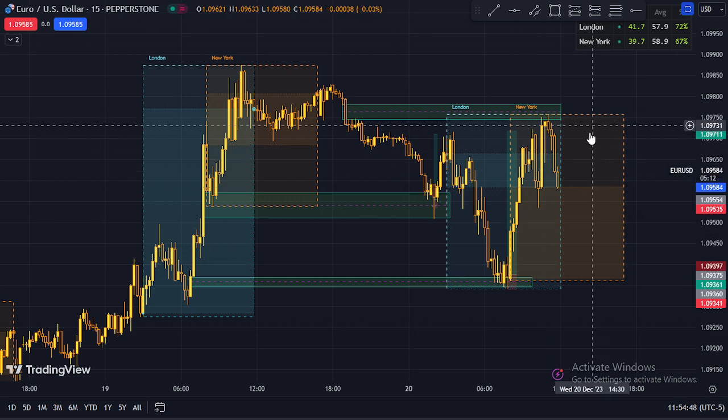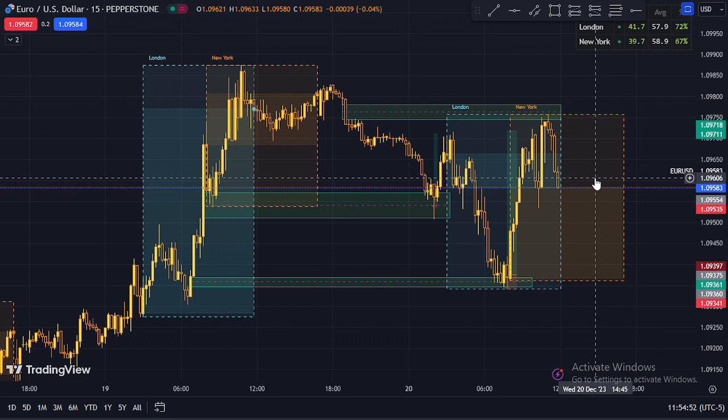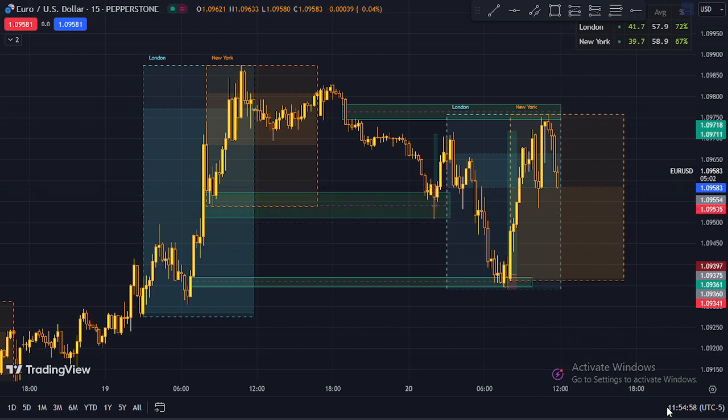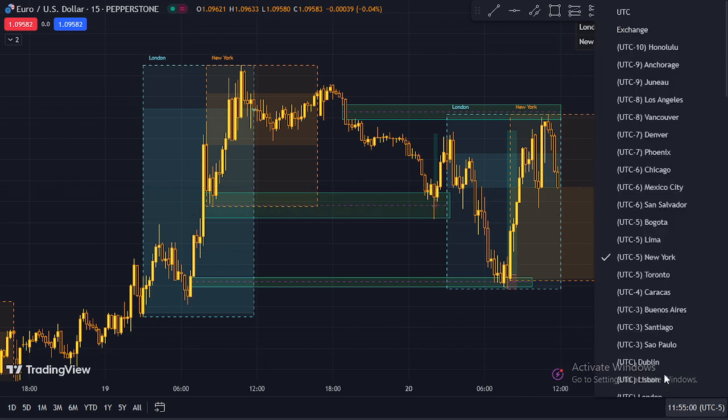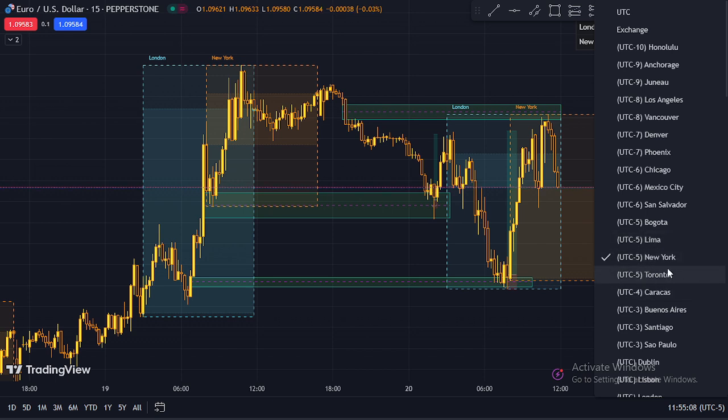Also, we have the PM session, whereby you could get maybe a retracement or a run on liquidity during the PM session. All these that I'm talking about, I'm referring to New York local time. So you should always make sure that your TradingView is toggled on to New York local time.